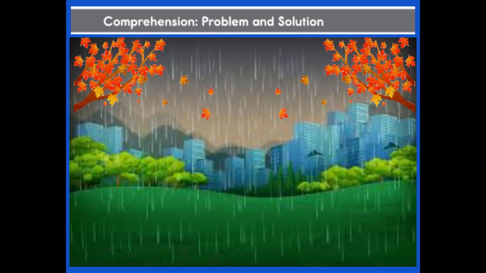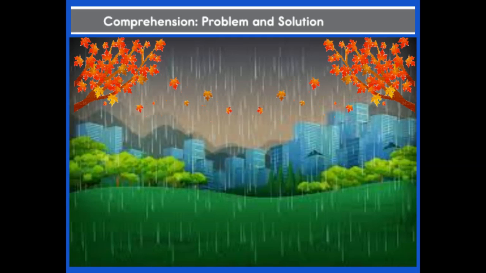All right, boys and girls, pay close attention now that we have identified the problem and the solution in our fiction story, The Birthday Pet. We talked about Danny, the main character, and his family members. Now I'm going to give you a scenario, okay? And you need to think about what your problem is and how you're going to solve the problem.